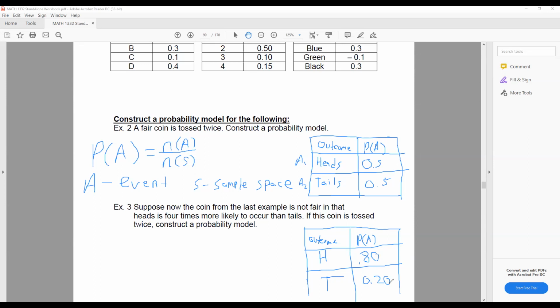I don't know. I was thinking maybe 0.75, but I needed it to add up to 100%. So this is the only one I could come up with. The 0.2, 0.8. So it's a weighted coin or something weird. Well, that's all they mean by probability, also called probability distribution.